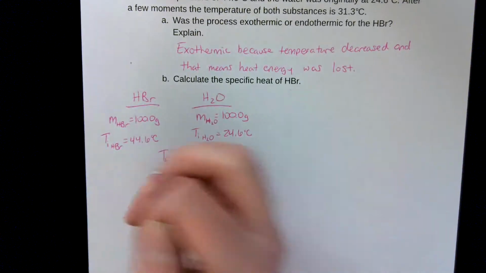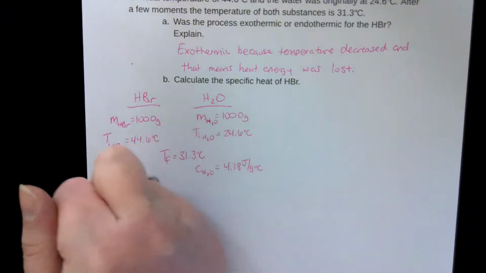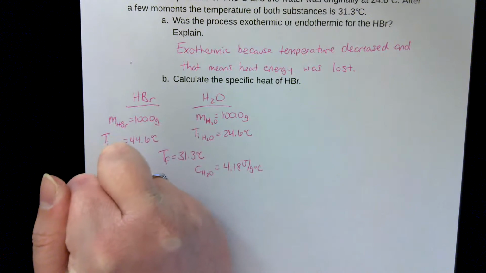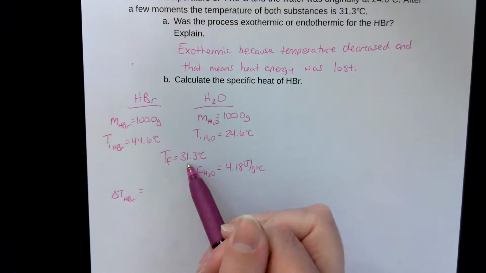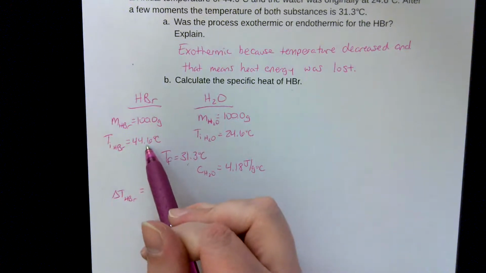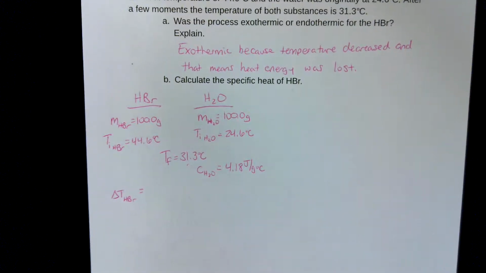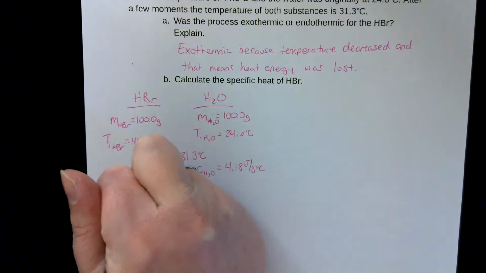So I can find my delta T of the HBr. So final 31.3 minus initial 44.6. Negative 13.3 degrees.